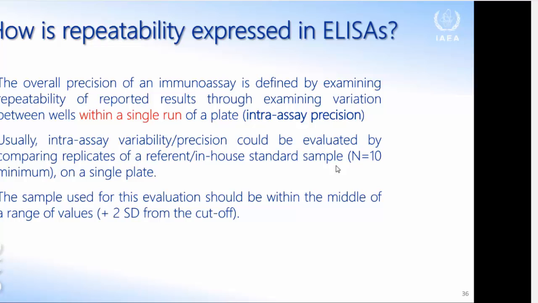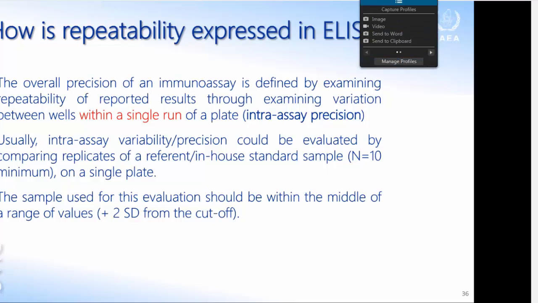Usually this intra-assay variation could be evaluated by comparing the results of replicates of a reference or in-house standard sample; the minimum number of these replicates should be 10, and they should of course be run on a single plate.